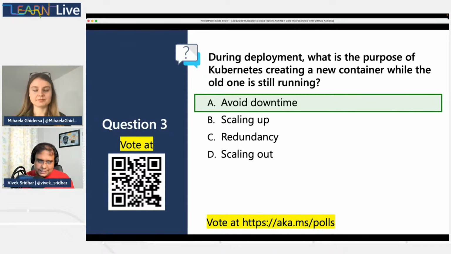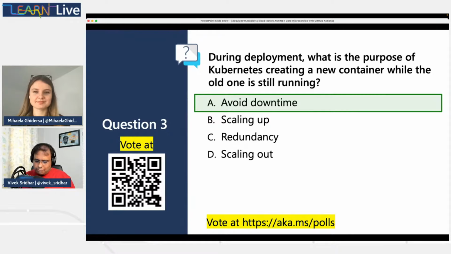So that is the readiness probe, which we discussed in previous sessions as well. We have set it up in such a way so that the old one goes off and the new one comes in. That is one of the features of any orchestrator. Kubernetes specifically has this as one of the basic features.